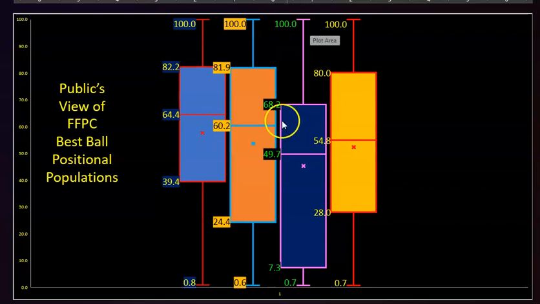And I think what they're picking up on is the fact that the public is not reading the second and third tight ends at all well. They have no clue. They are the most uncertain about this whole population here. So uncertainty means it's hard to figure out, but that's where the opportunities are.